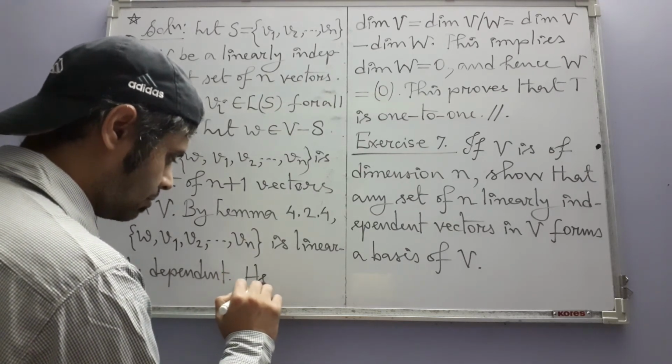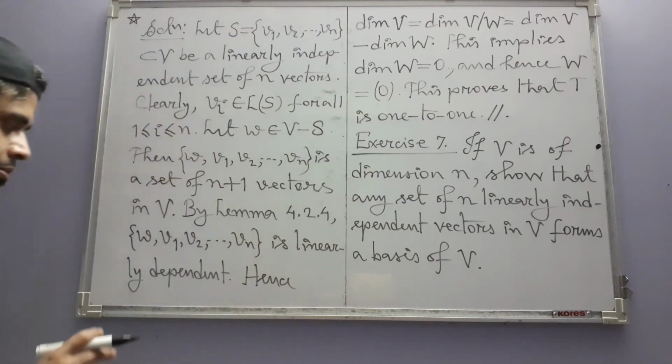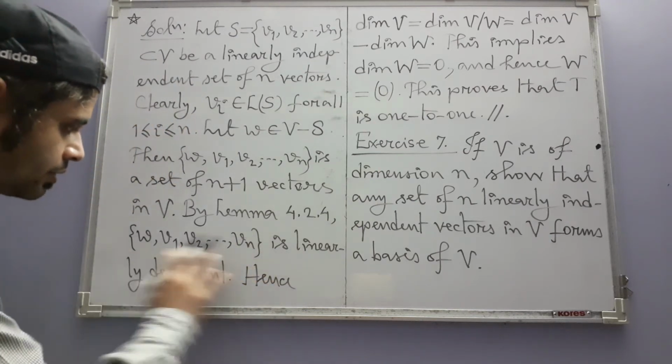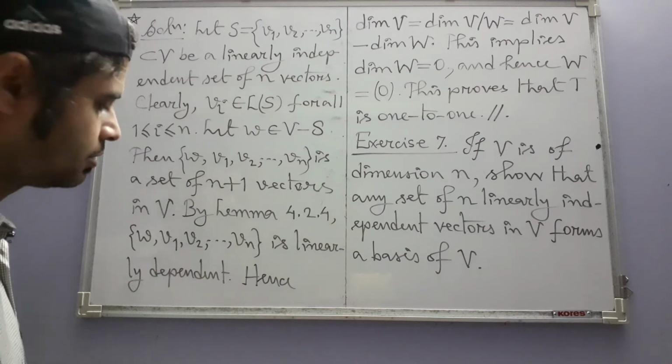Hence, but if it is linearly dependent, then some non-trivial linear combination of these vectors will give us the zero vector.